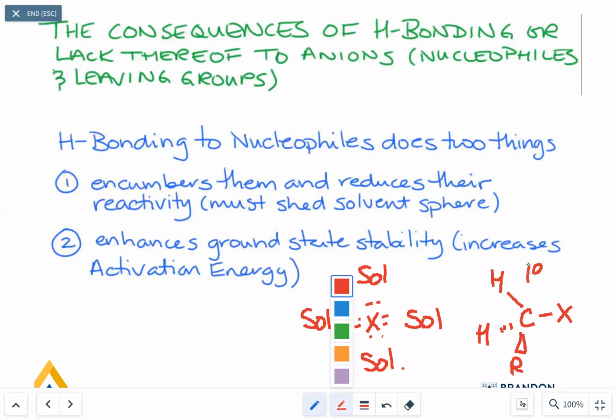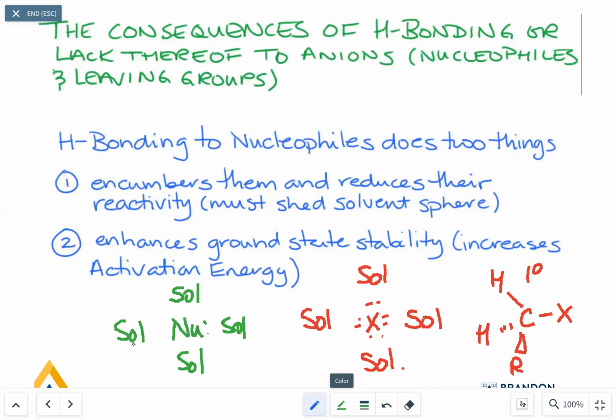And as an anion, or the nucleophile, let's just draw it as a nucleophile, I suppose. So as the nucleophile, you want to come along and attack so the leaving group can leave, right? But you're surrounded by solvent. And in every case, you will be surrounded by solvent because that's what you're dissolved in, right?